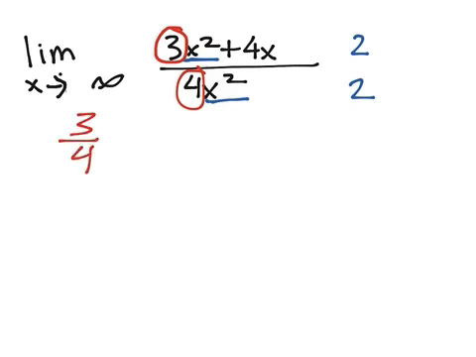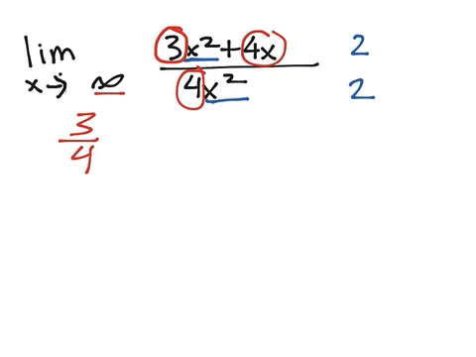So again, we can use this thinking where this 4x squared term and this 3x squared term are going to get much larger than this 4x term right here as x approaches infinity. That's why we don't have to worry about this 4x term, because this 3x squared term and 4x squared term are going to get very large very quickly, and they're going to just dwarf the 4x term.